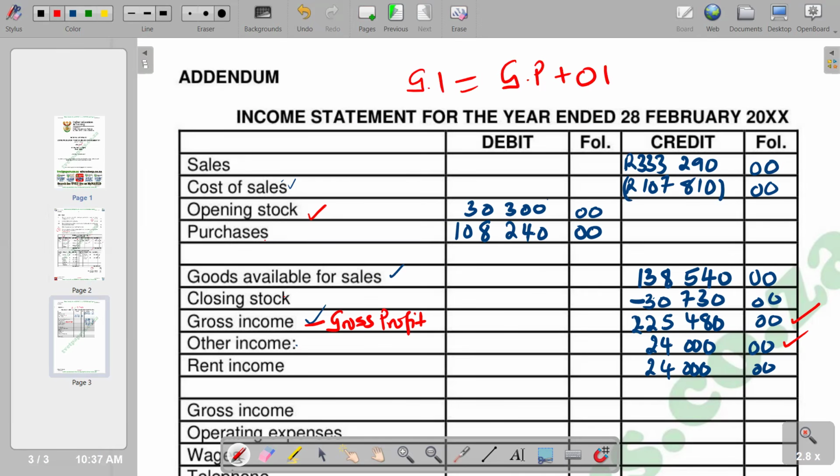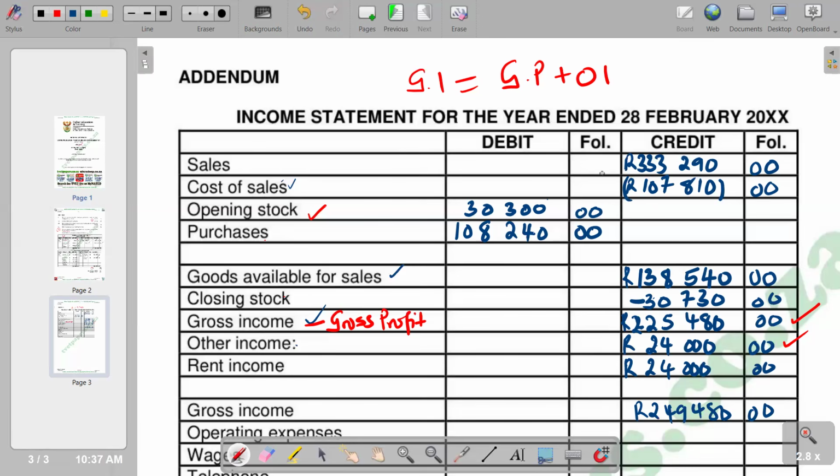We get 249,480. So we can put our indication of rands in each and every figure that we have. So this is what we have.